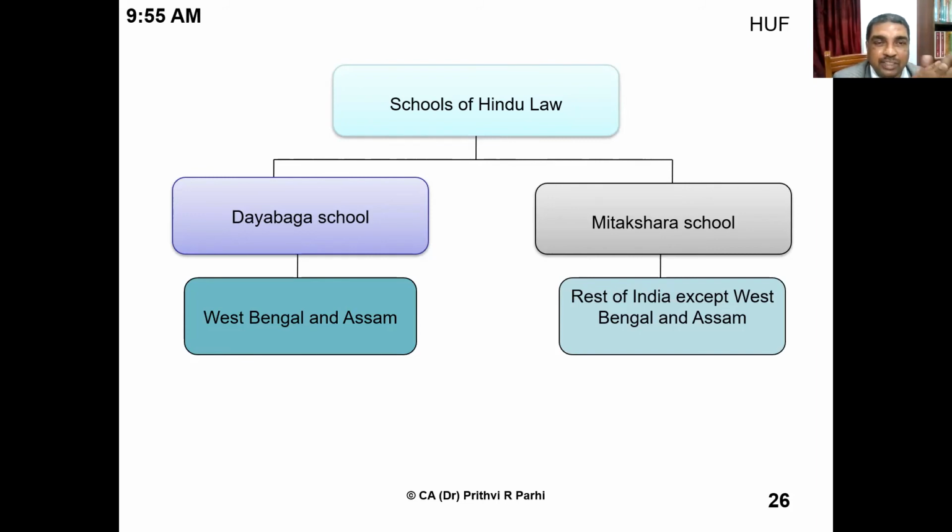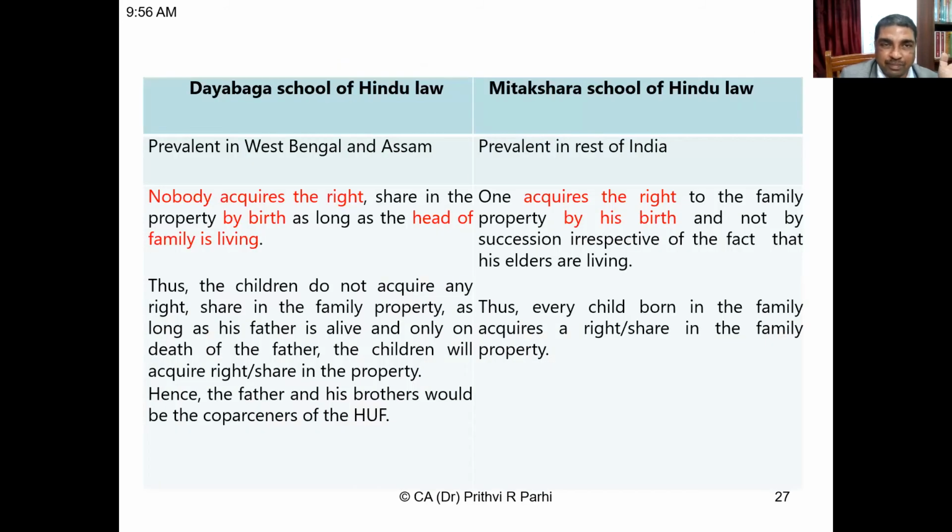One is the Dayabhaga school, in West Bengal and Assam, where Dayabhaga HUFs are formed, and in the rest of India, Mitakshara HUFs are formed. There are some differences between these two schools. We are not going to learn this difference, as it may not be relevant for us, but if you want to read, you can pause the video and read what the differences are at an appropriate time.